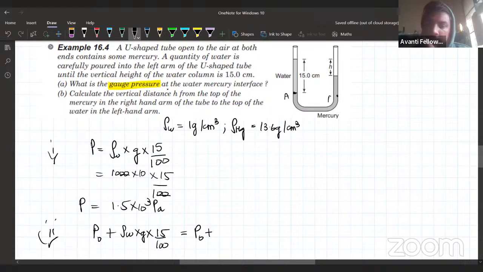Point B. I'm messing up something. Let me just check the solution of it. Just give me a sec, guys. Question 16.4.